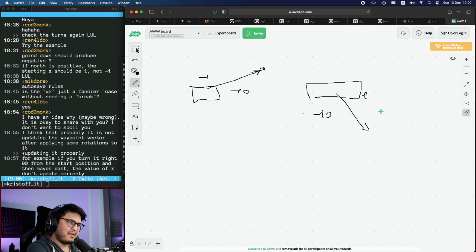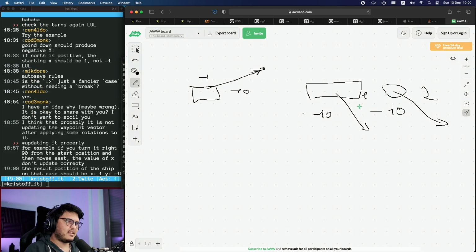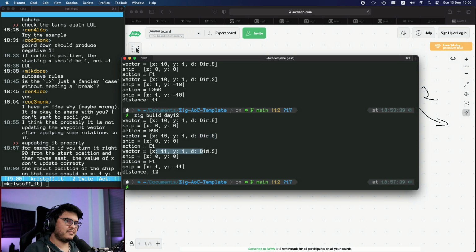Yes. Moving this east by 1 means something like this. This becomes 2, and this says minus 10. This is like the boat again, and that's not what's happening here. So then the question is, why was my code okay earlier and wrong in this case?